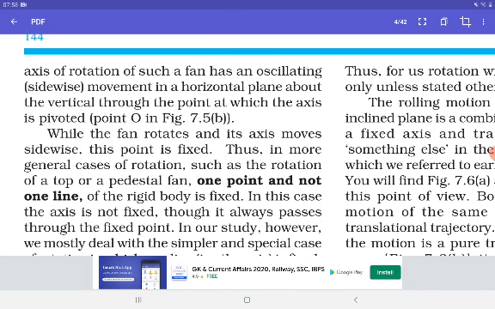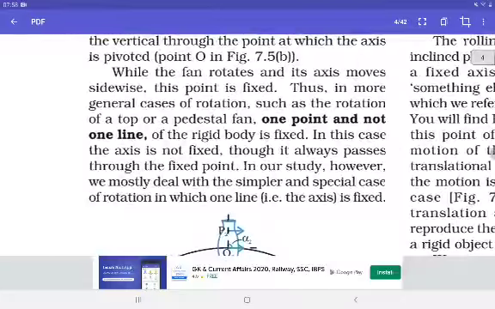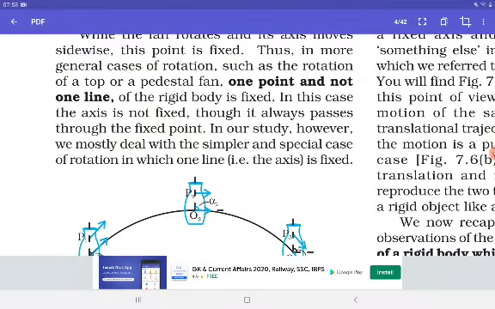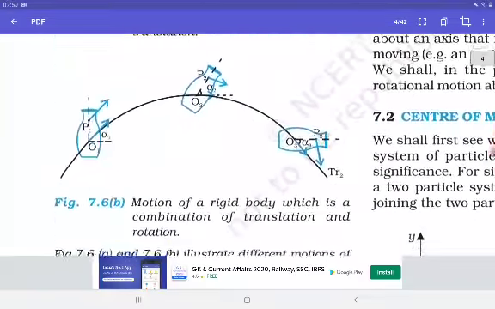Thus, in more general cases of rotation, such as rotation of a top or a pedestal fan, one point and not one line of the rigid body is fixed. In this case, the axis is not fixed, though it always passes through the fixed point. In our study, however, we mostly deal with the simpler and special case of rotation in which one line is fixed.